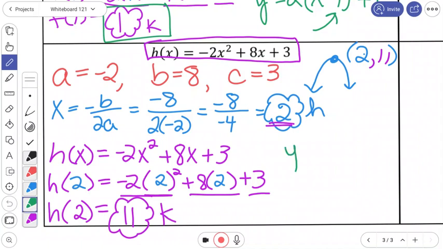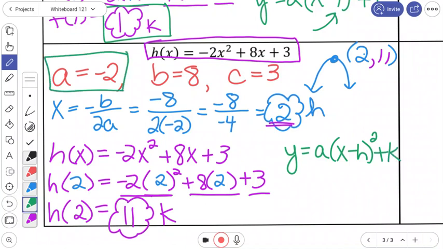Remember, vertex form is y equals a times x minus h squared plus k. Our a value is -2. Our h value is +2. And our k value is +11.